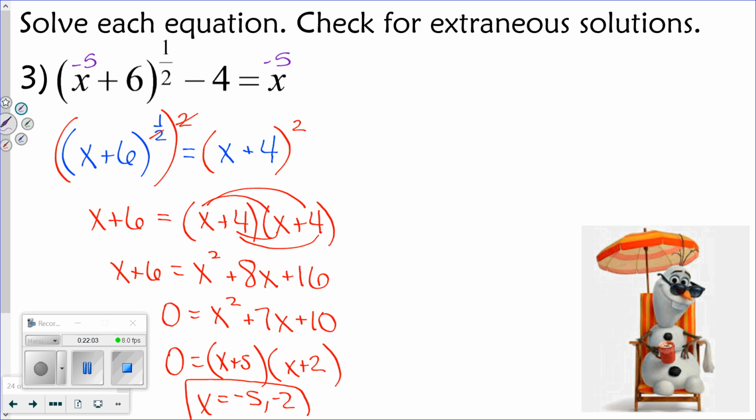The square root of 1 is 1. 1 minus 4 is -3, not -5. That one didn't work. Does the -2 work? Yeah, that one actually works. Again, don't feel like you have to do it in your head. Just type it in, okay? You can type those right in the calculator.